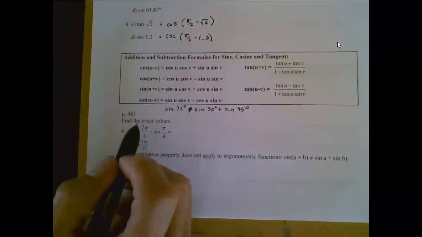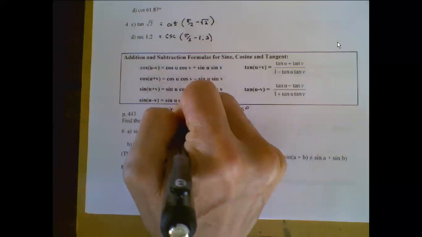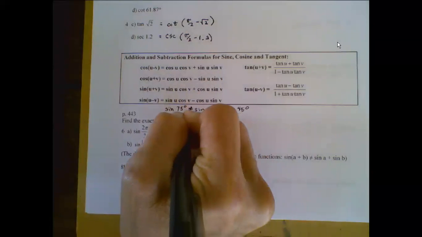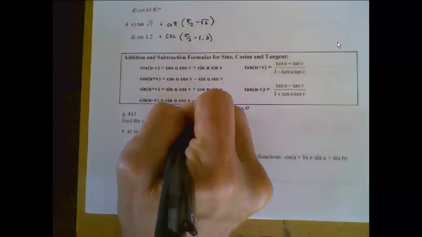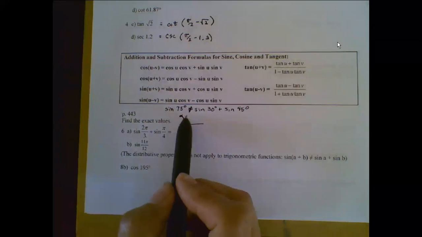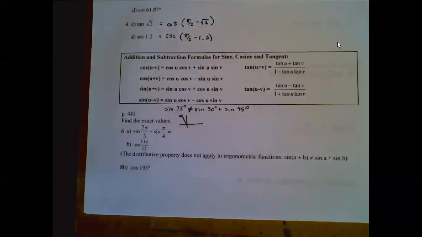If you find the sine of 2 pi over 3, 2/3 pi, what is sine right there? What's the value of sine when you're only 30 degrees from the y-axis?